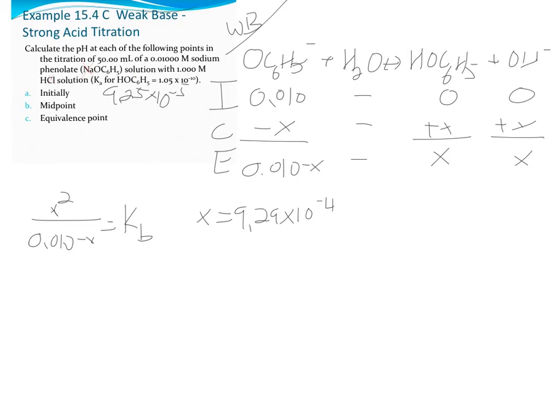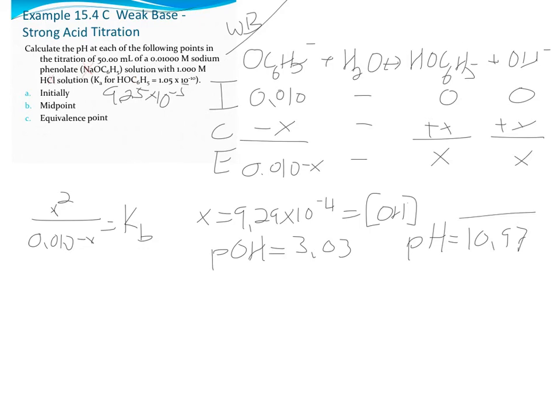That's my hydroxide as well, which is what we're concerned with for the pH. So my pOH, negative log of that number, is going to be 3.03, which 14 minus that will give me a pH of 10.97. So we just got to keep our acids and bases separate. pOHs, Kbs, hydroxides, keep that separate from pH, Kas, and hydrogens.